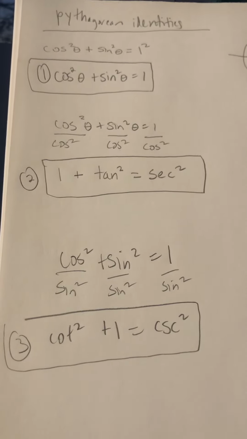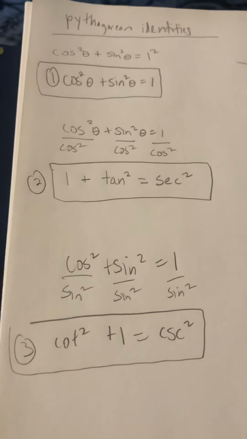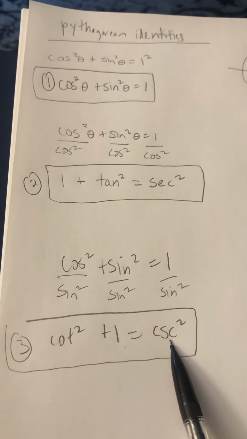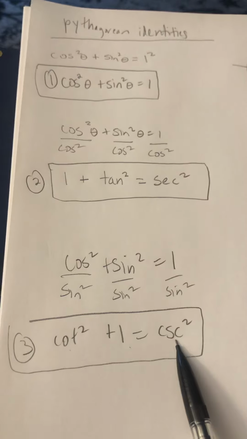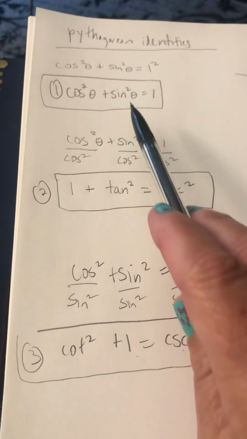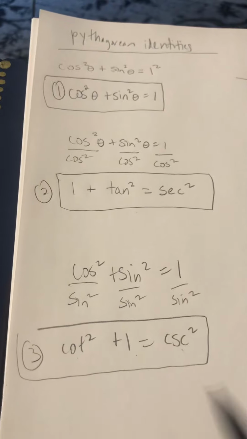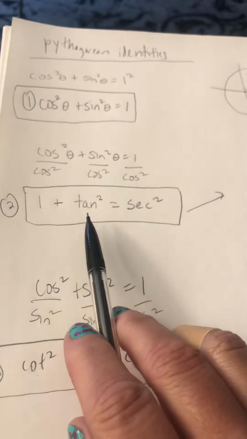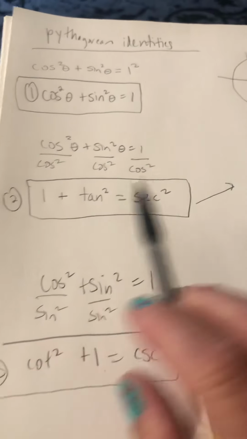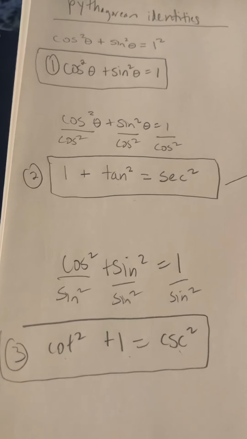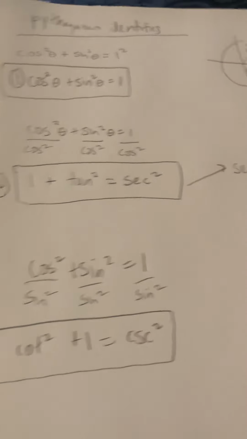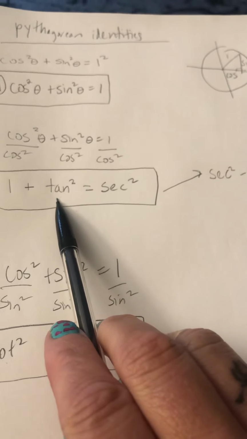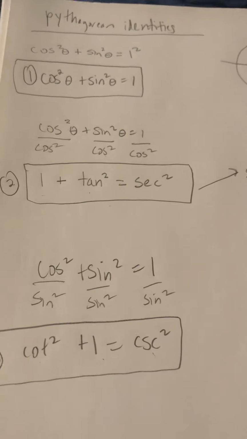Those are the 3 that you are going to be using to simplify. So for example, if you guys see cotangent squared plus 1, it's equal to that. So we're going to be using a lot of substitution. Okay? There's different ways that you can manipulate these equations too. For example, if you were to subtract tangent squared off of this, do you agree that it would be secant squared minus tangent squared? Okay? And if you were to subtract that tangent squared off, you end up with the 1 being there.